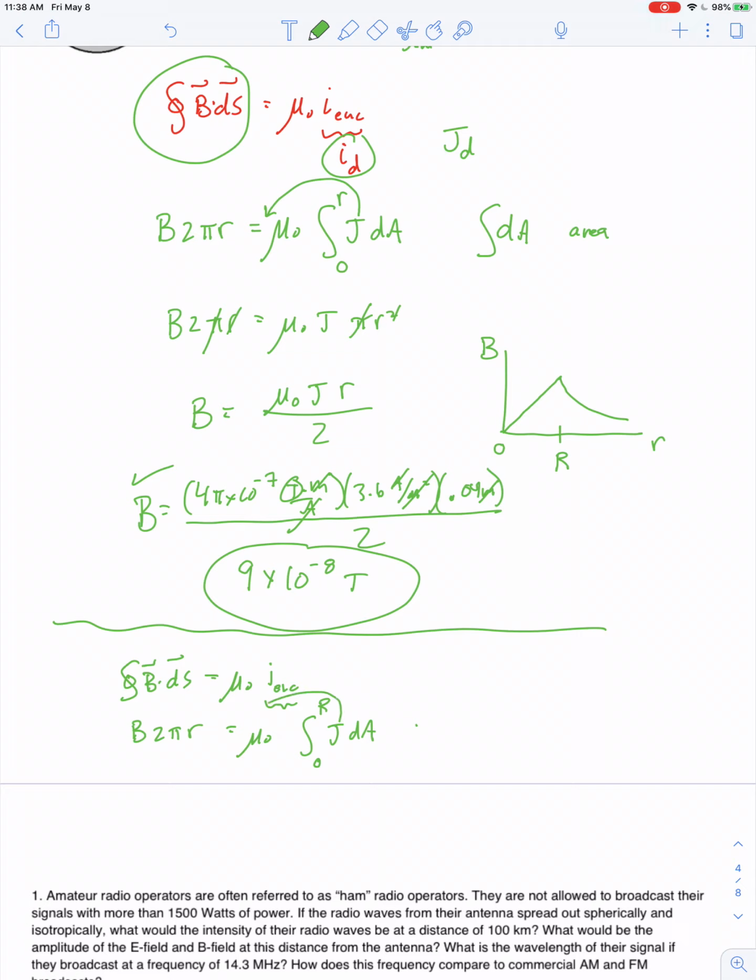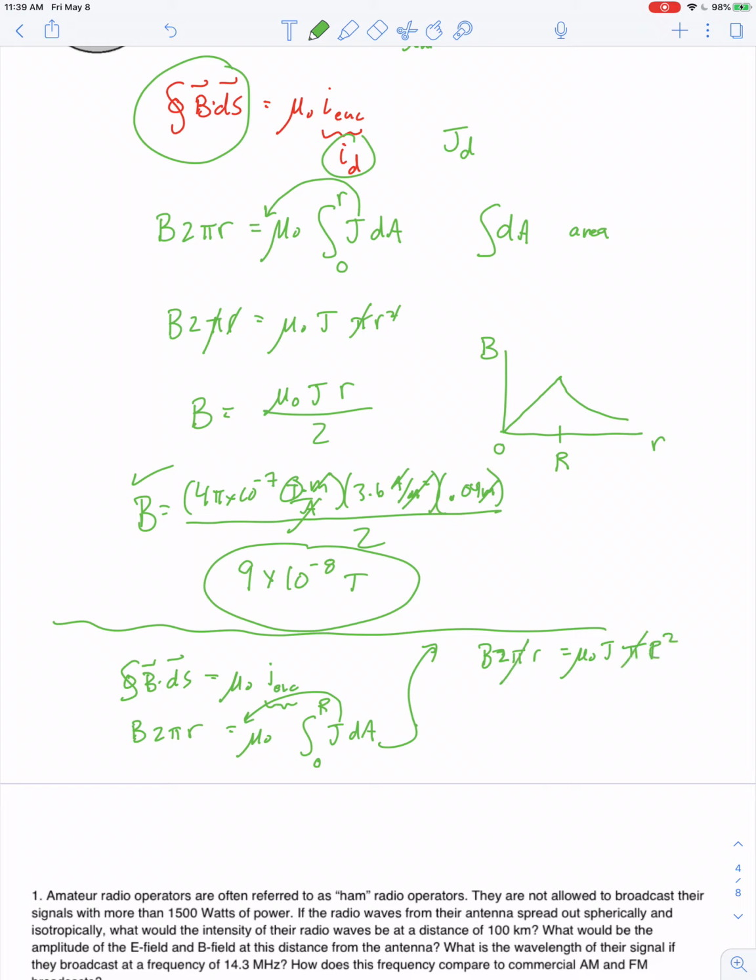So again, the j comes out of the integral, and we've got B times 2 pi lowercase r is equal to mu naught j times pi capital R squared.